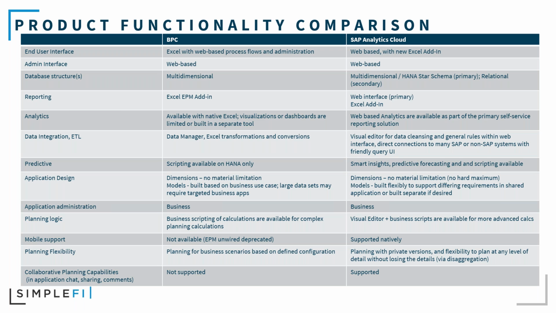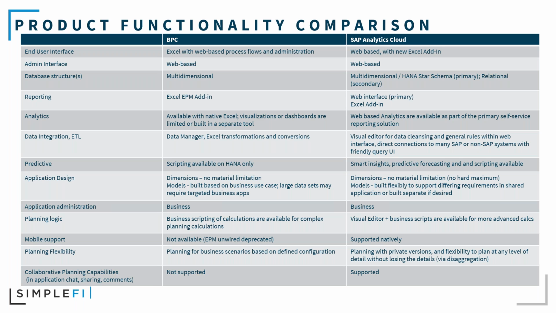The learning curve is smaller if you're coming from a BPC environment versus another solution or just Excel. One of the main differences that I will show you, if you've already seen standard overviews of SAC, is the flexible planning capabilities that SAC has versus BPC. You can plan a full year at any level in the hierarchy, whereas in BPC you still have to get to that base level to load those in.